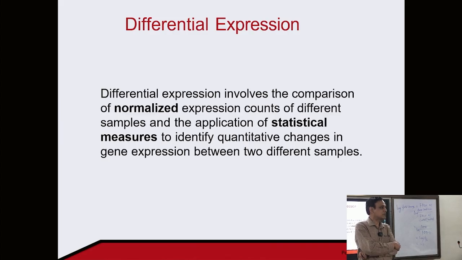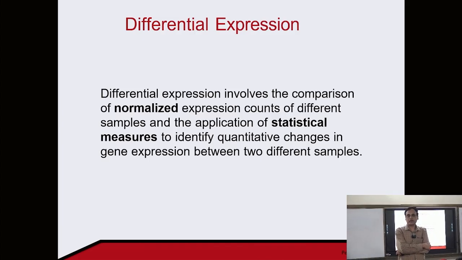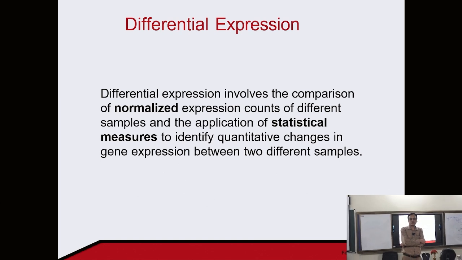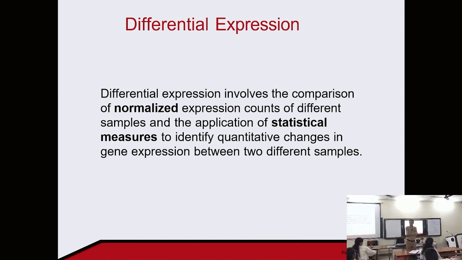Most of the time people use base 2. So you have a metric called the logarithm of the fold change. You get a value, and of course you can say that a gene is upregulated by X fold, or a gene is downregulated by X fold relative to the control.